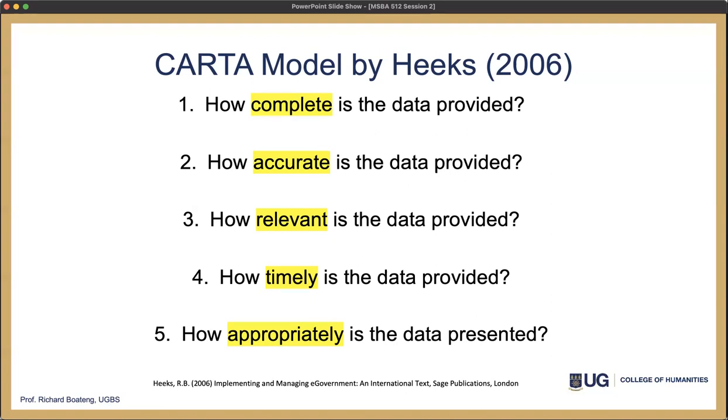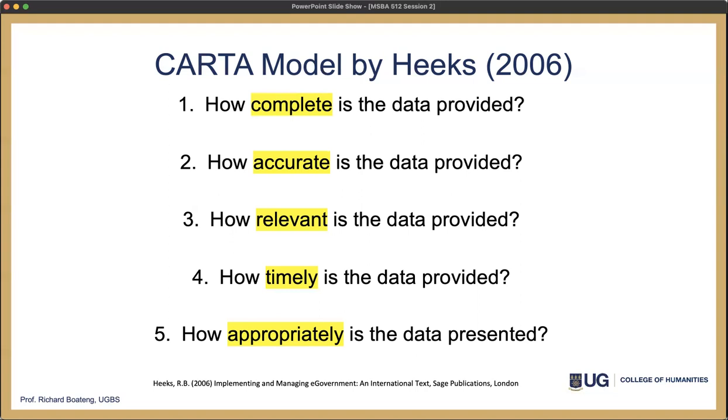He called it the CARTA model, a simple tool that organizations can use to check the attributes of the data they have. There are many other dimensions, but this is a simple tool that my supervisor developed. He wrote a book on implementing and managing e-government, and he presented the CARTA model there.